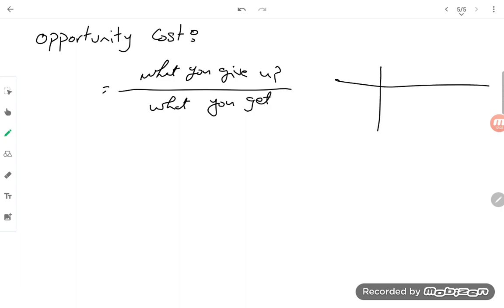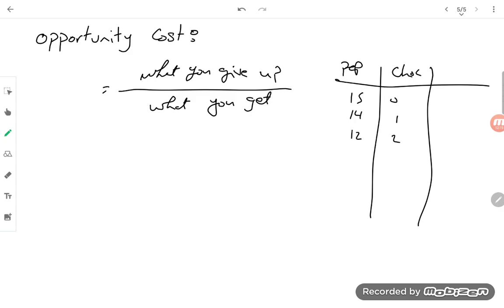So returning back to our example, what is the opportunity cost of increasing production of chocolate? We have to calculate opportunity cost along the curve.